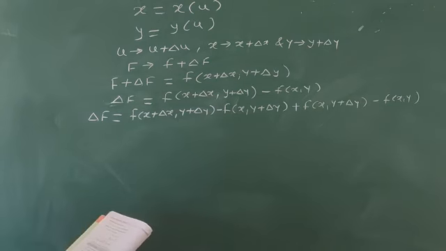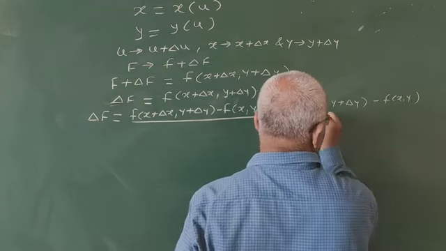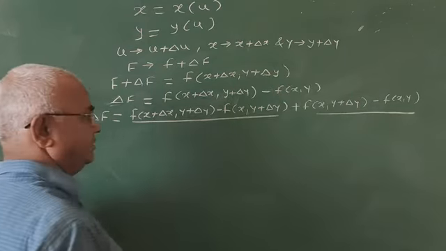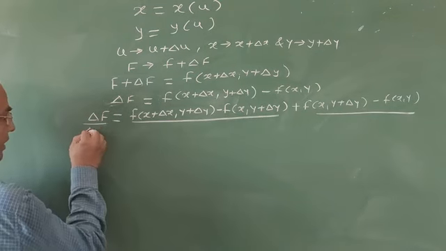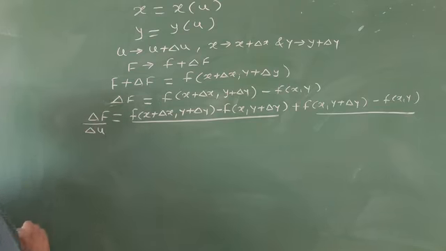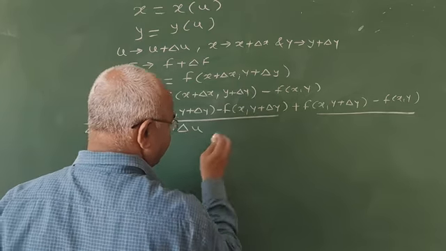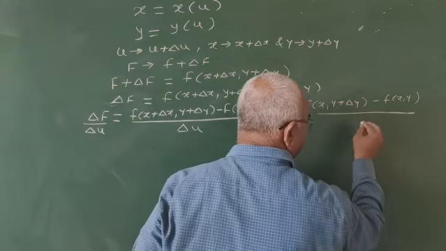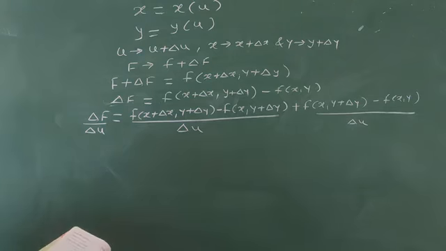Then taking first two terms and last two terms separately, divided by delta u on both sides. Delta f upon delta u is equal to these two terms divided by delta u.